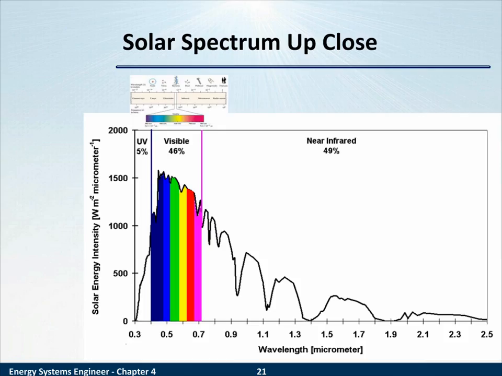These next two slides, because this is the Energy Systems Engineering course, are to put in context what we've been referring to as the UV, the visible, the near-infrared wavelengths. And what you see on this graph is their relative solar energy intensity.